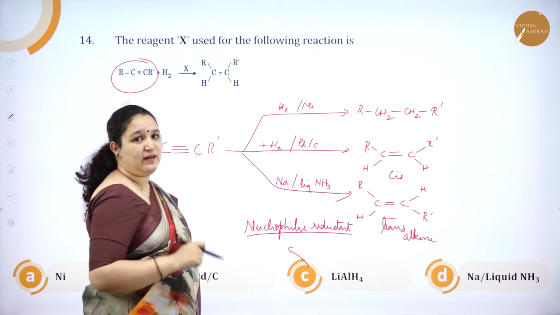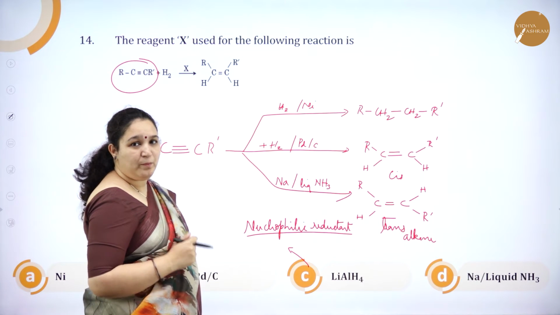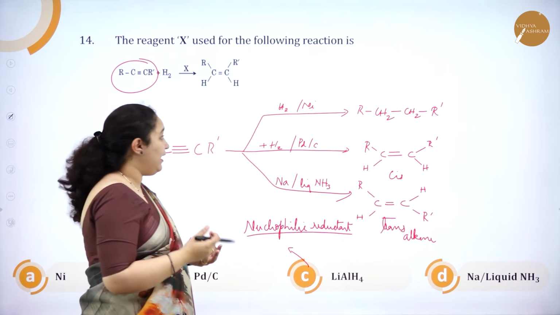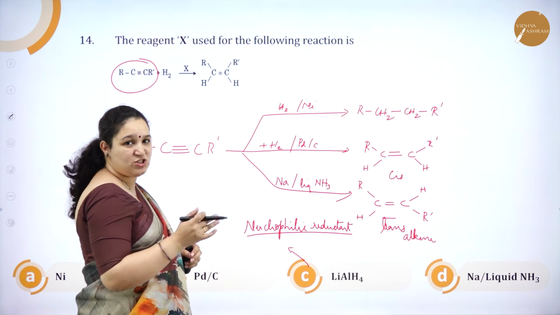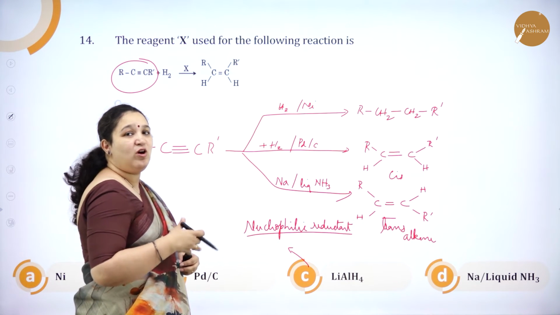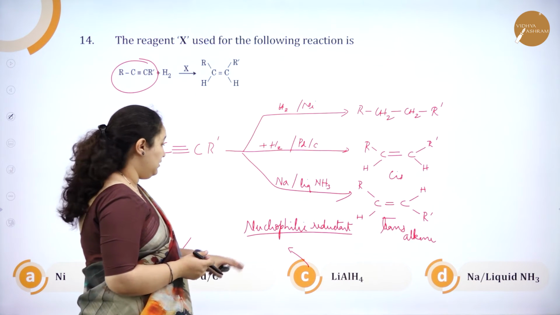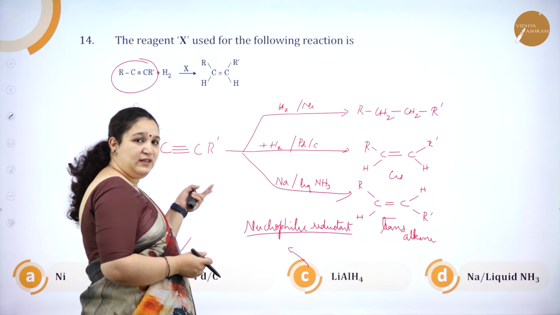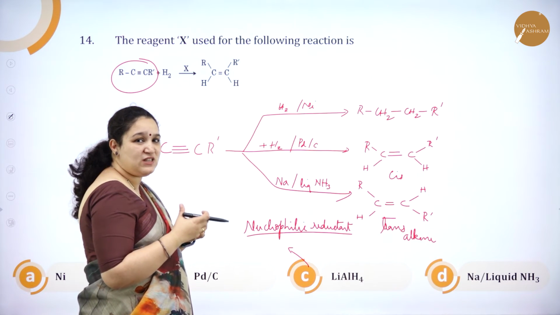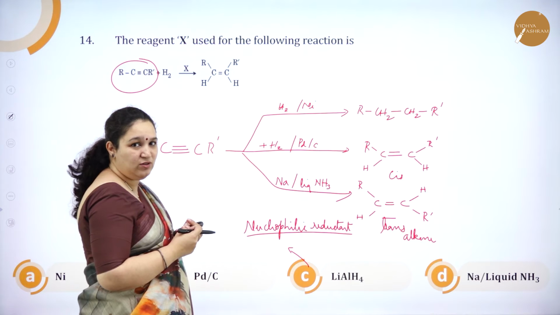But is my compound an electrophile? No, because around the triple bond, between the two carbon atoms, it is electron rich. But this is a nucleophile, which will go only to positive-rich compounds.